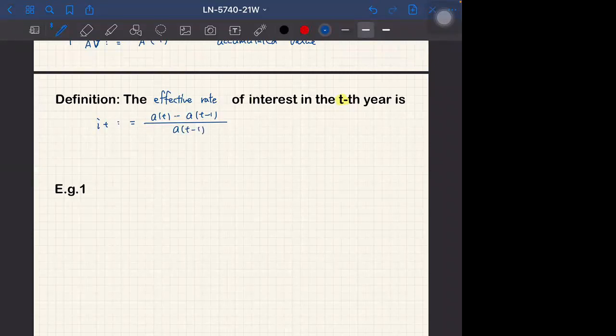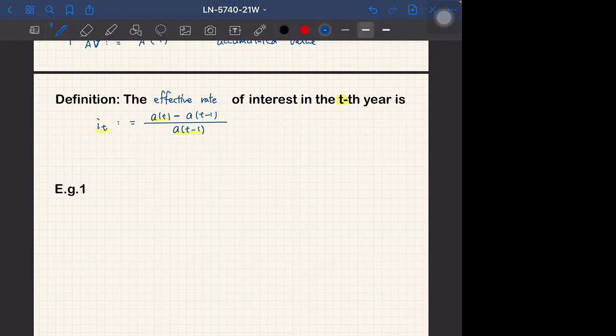So this is the usual definition. At time t-1, the amount is A(t-1), and that becomes A(t). For example, 100 becomes 110. Then we have a 10% increase, that is (110 minus 100) over 100. So this is the definition of the effective rate of interest in the tth year, and we use the notation i sub t.